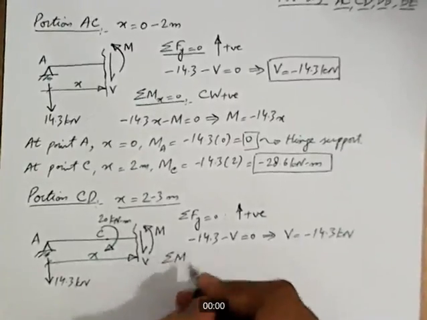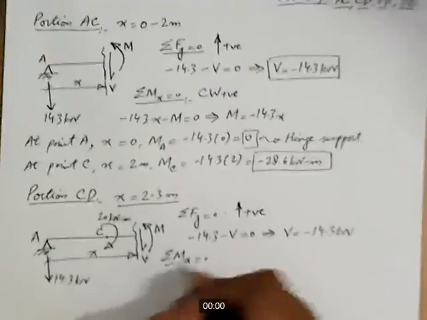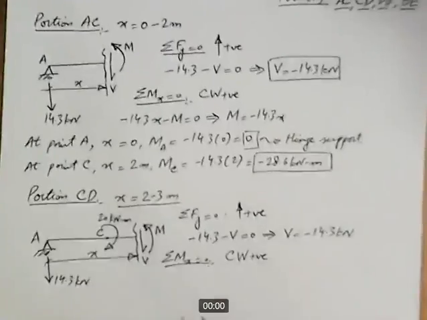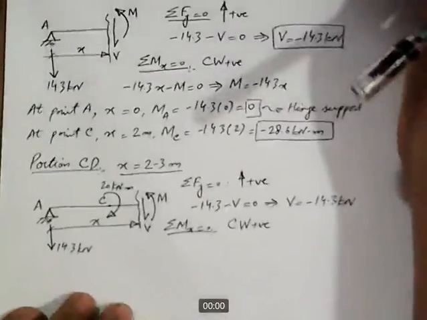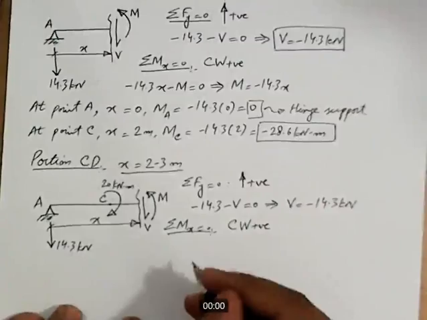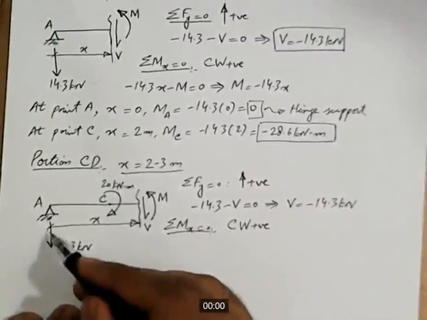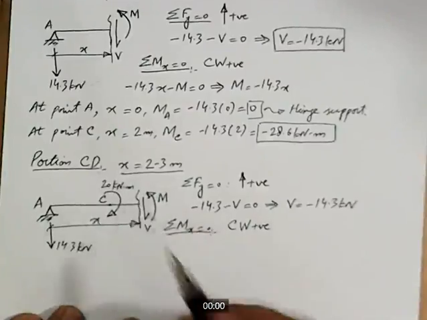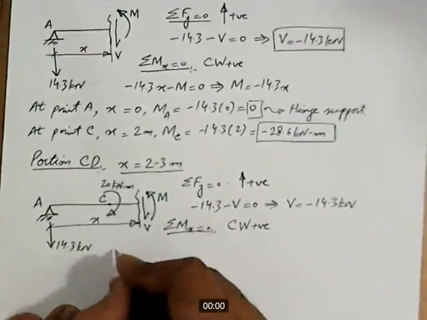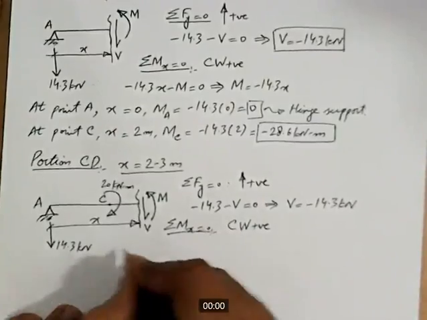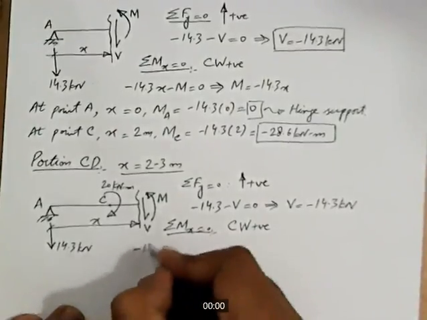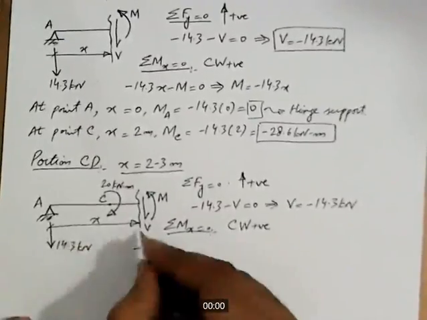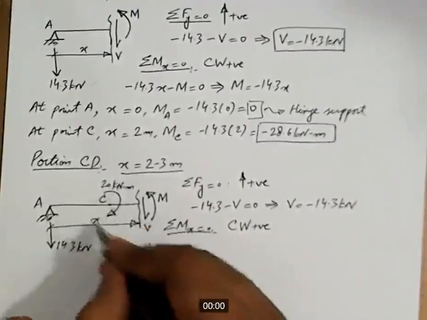Now let's apply sigma Mx equal to 0 with clockwise as positive. This force will produce counterclockwise moment about the section, so it will be minus 14.3 into X. X is the lever arm, and then we have this moment in clockwise direction.